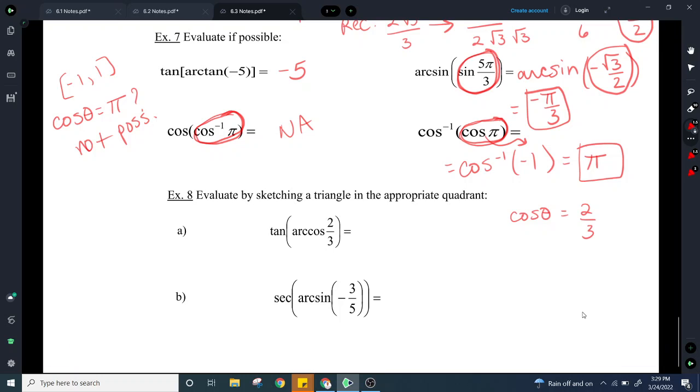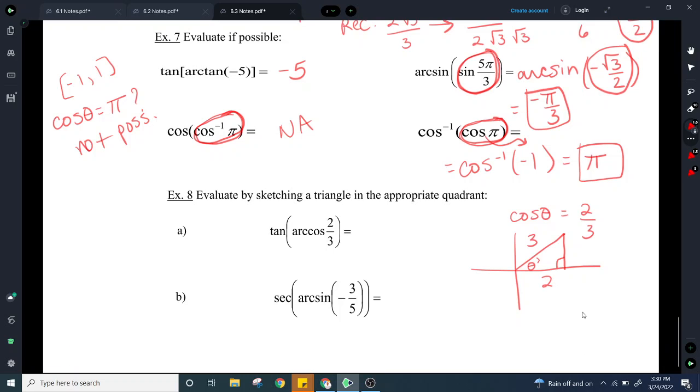It's a positive cosine value, so arc cosine is positive. That would have to be in quadrant 1. So I'm going to draw a triangle in quadrant 1. Remember back at the beginning of chapter 5, we drew these triangles and we said you always make the angle with the nearest x-axis. That's called your reference angle, and that's the angle we use for theta. If cosine is 2/3, remember SOHCAHTOA, that means the adjacent side is 2 and the hypotenuse has to be 3.